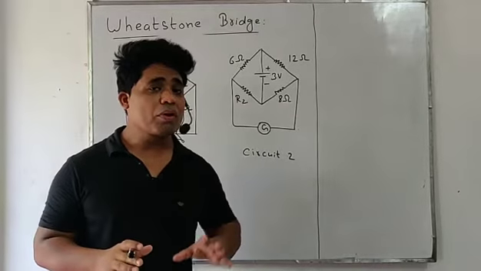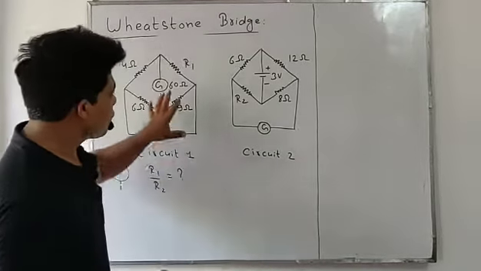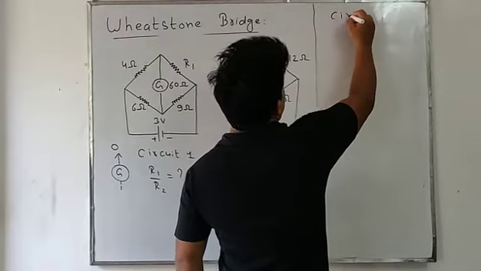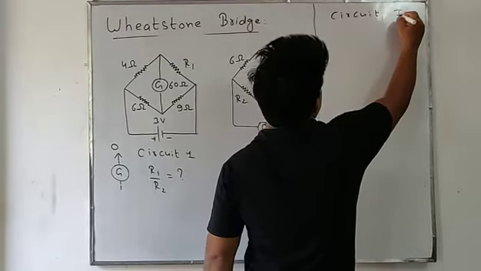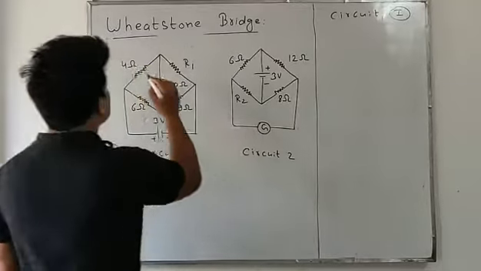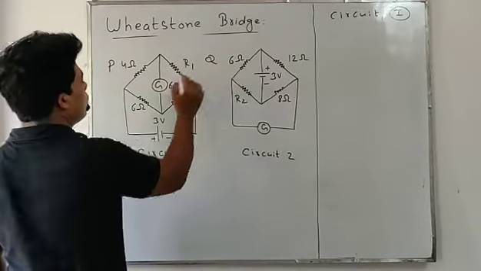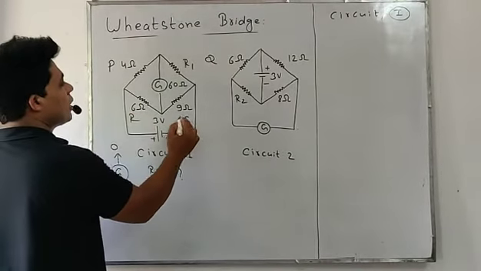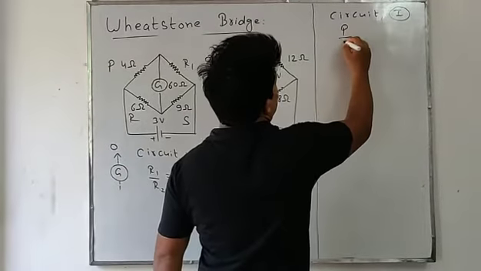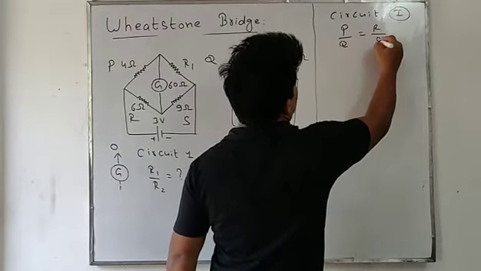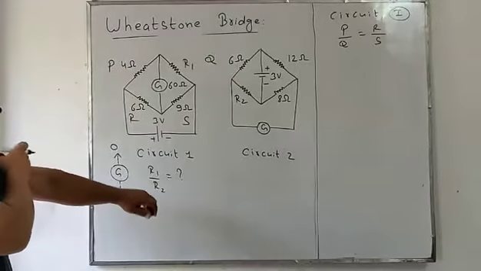So I am going to apply the Wheatstone bridge principle for the first circuit. For circuit first, we know this is P, Q, R, S. P upon Q equals R upon S. What is P? P is 4 ohm.